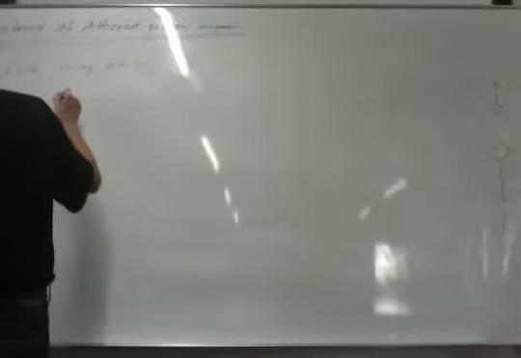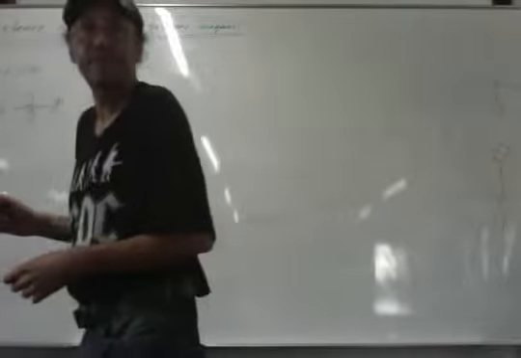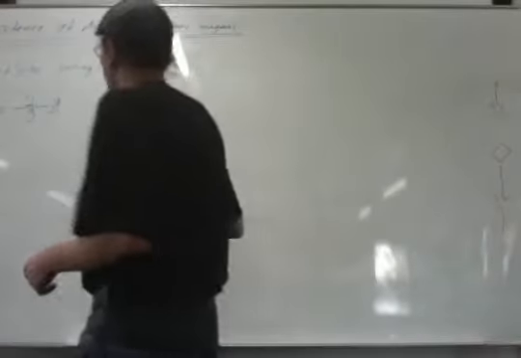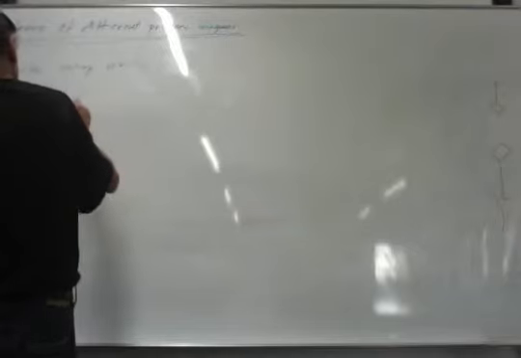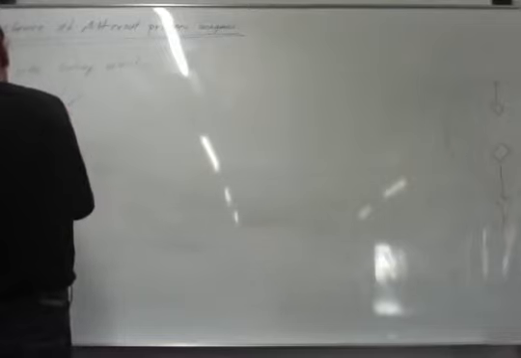Then we multiply it with g, that is the gravity. Then you have to multiply it with r to the power of 2, that is the radius of the mineral.